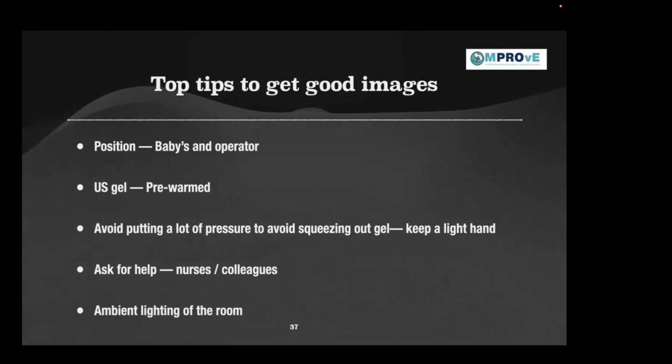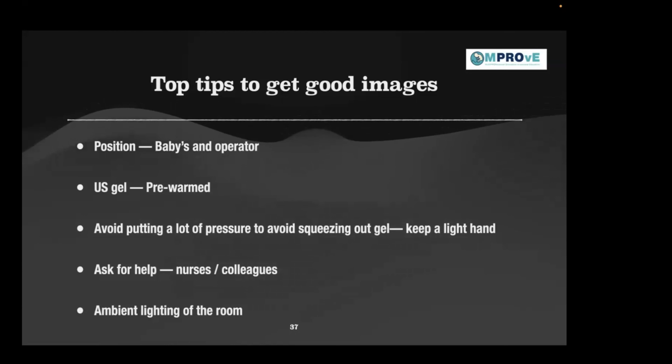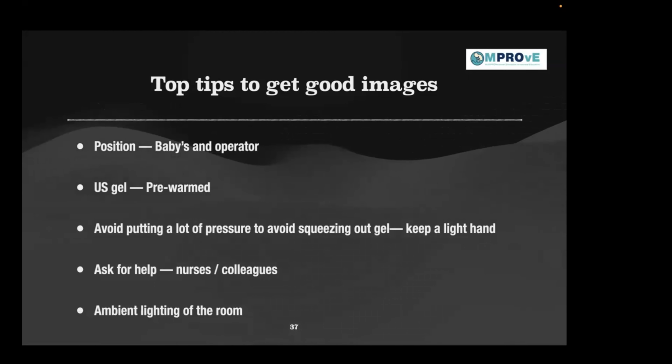And ambient lighting of the room. This is again one thing I have noticed while we are doing scans, or having these sessions with our trainees here in the UK. Well-lit rooms, with window shades open or bright lights on, are going to affect your scan. How?